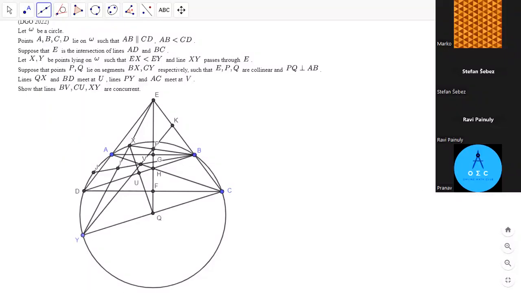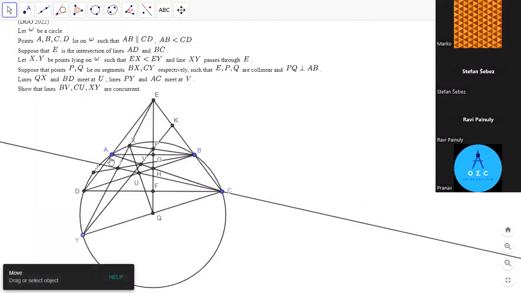Let me think about this. Yeah, that might be a little tricky because we'd have to see where CU intersects. Oh, are CU and I collinear?